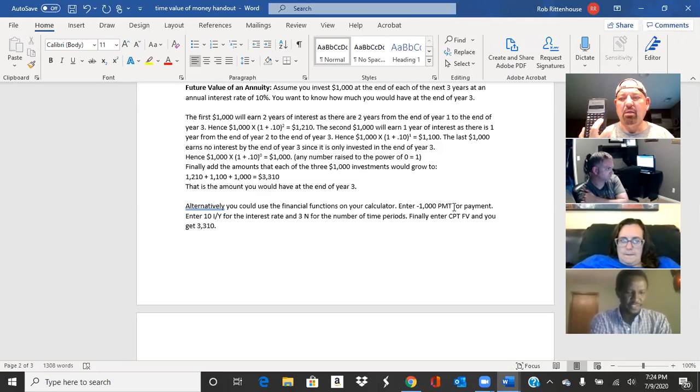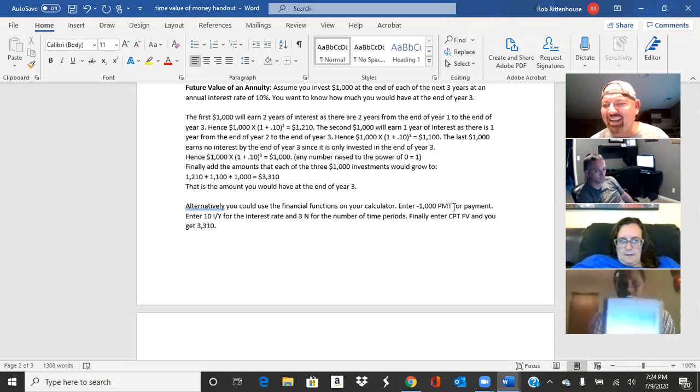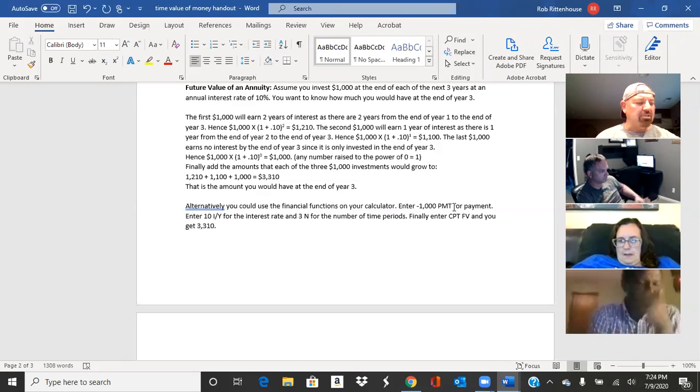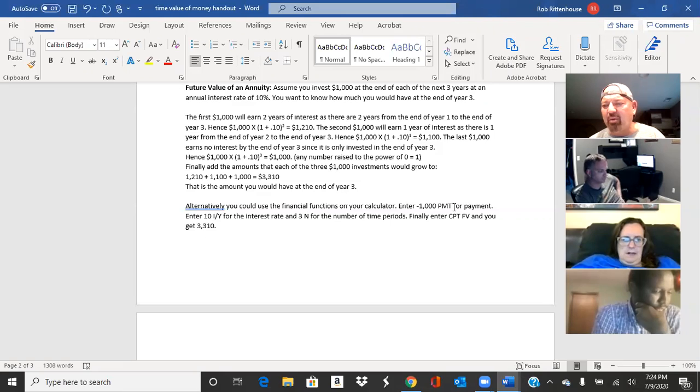Okay, second, CLR TVM, 1,000 negative. 10 IY, 3N. Compute future value. You got it? Yep. Okay, so I think somehow something didn't get cleared properly previously.